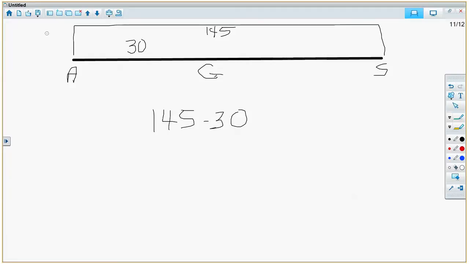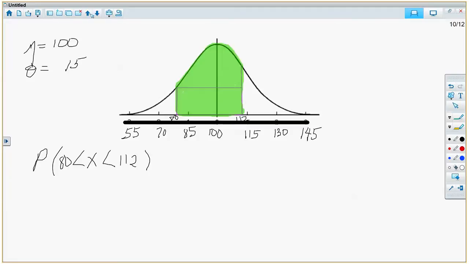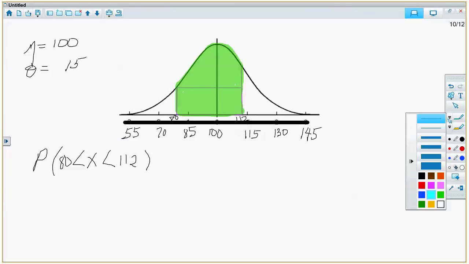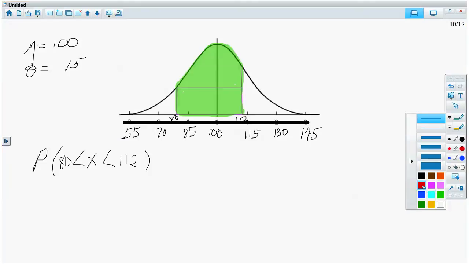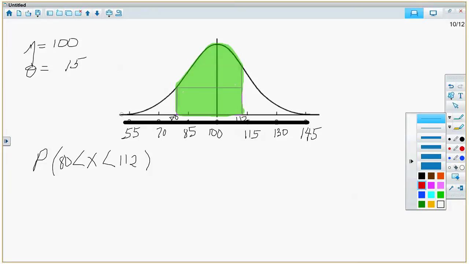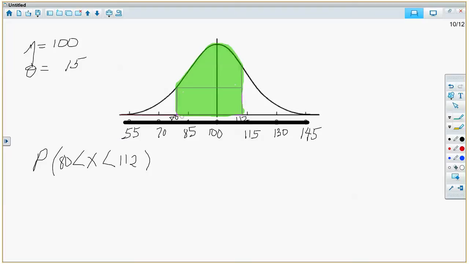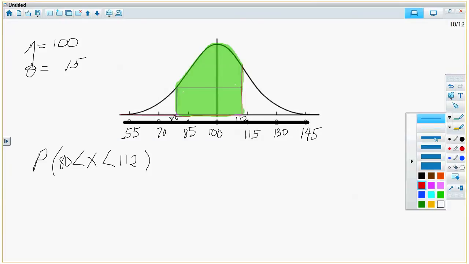Now, let's go back. What do you want to find? You're wanting to find this area in between. Well, what's the big area? I'm going to take something that'll stick out, red, and I'm going to highlight the big area in red. No, that's not big enough, Hubert. Hold on a second. There we go.